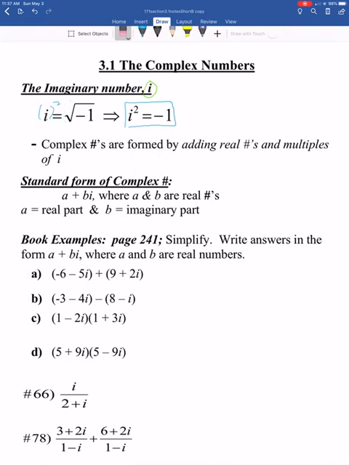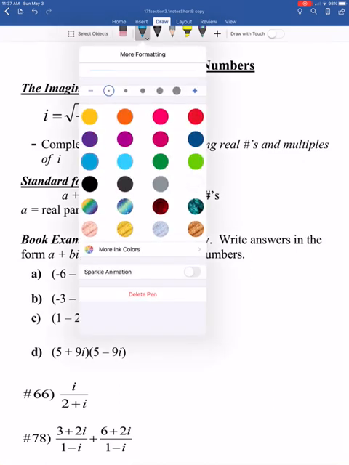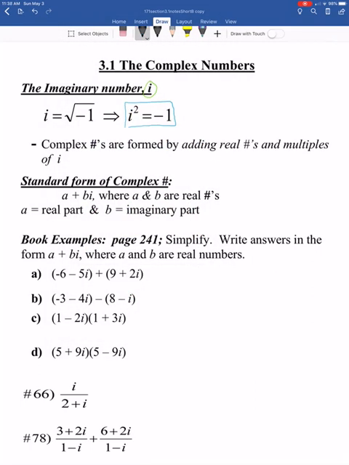So again, a complex number is a number formed by adding real numbers and multiples of i. So I want to talk about the standard form. The standard form of a complex number is a number of the form a plus b times i, where a and b are real number coefficients. a and b are the real numbers from this complex number. a we refer to as the real part of the complex number, that constant term added to your imaginary term, your i term.